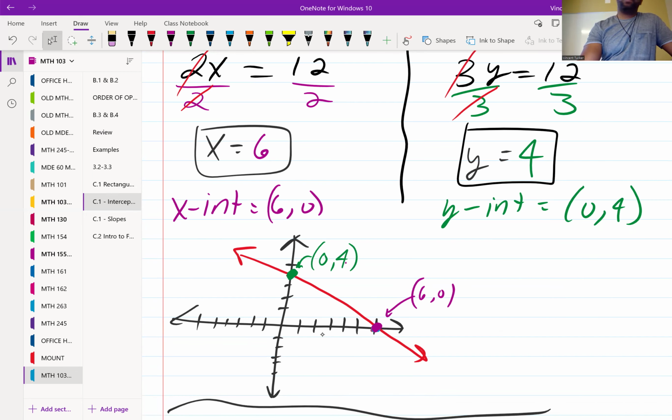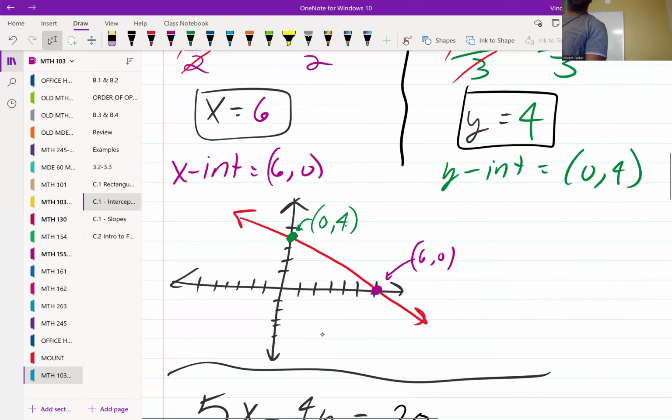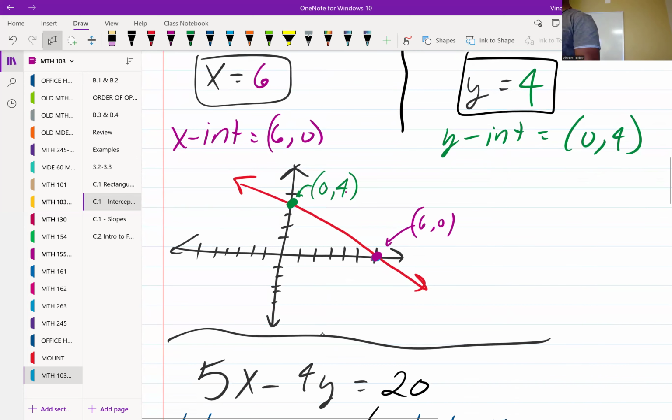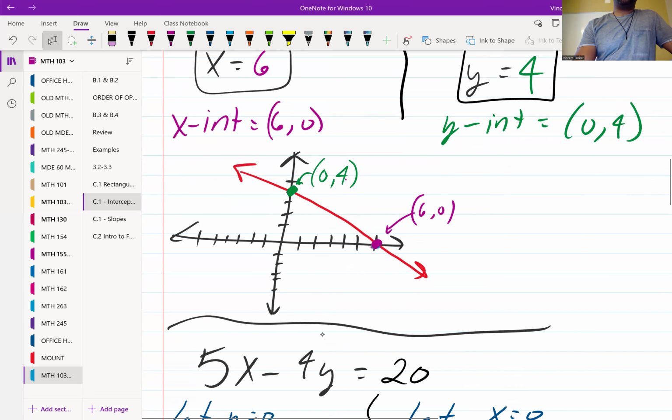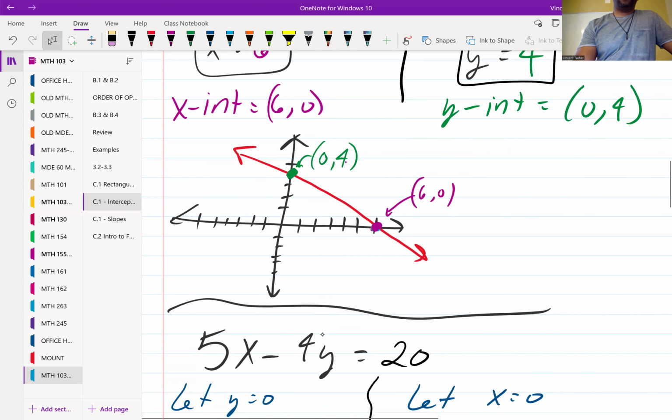We'll do one more, then I'll let you guys go. I just want to re-emphasize the process. All right, scrolling up, very good.